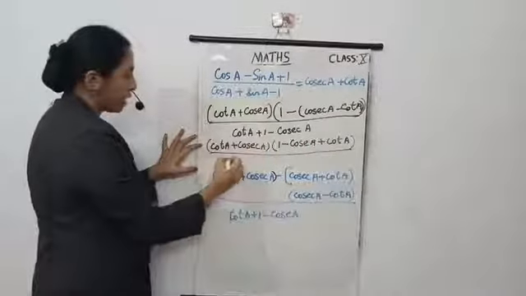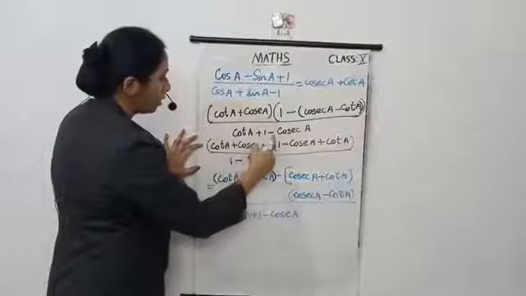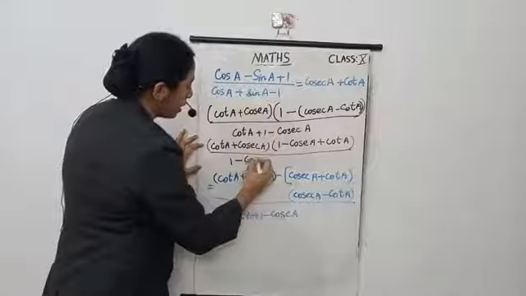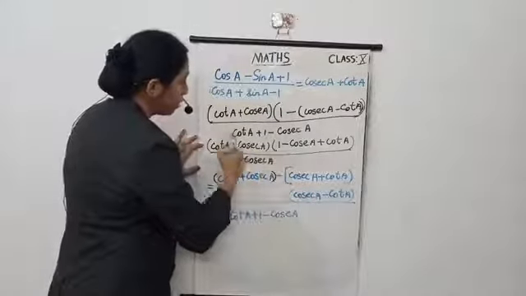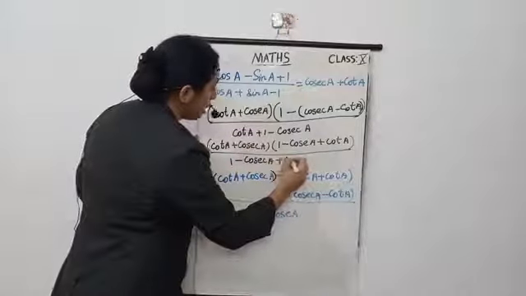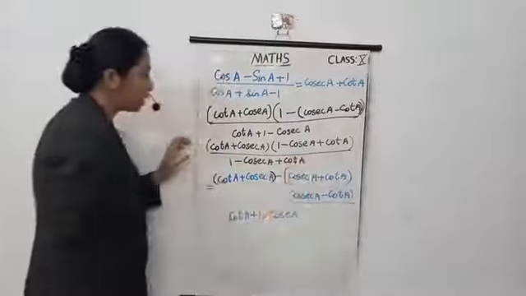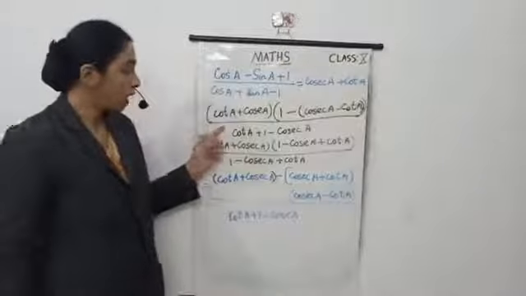We can write it like 1 minus cosec A, and now write cot A last. So change its place; cot A is plus.